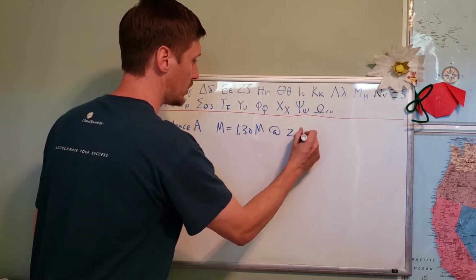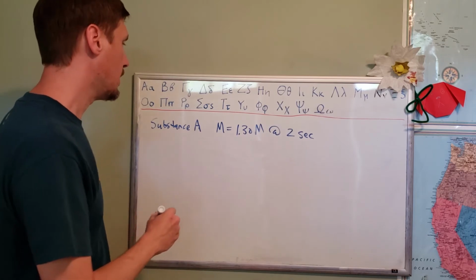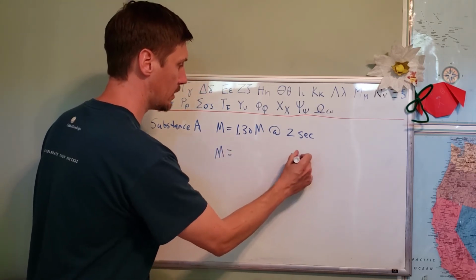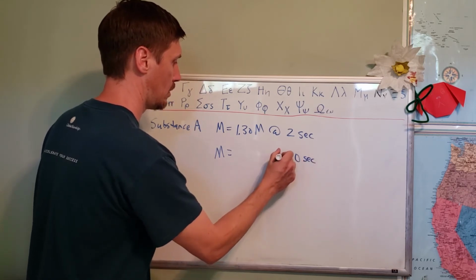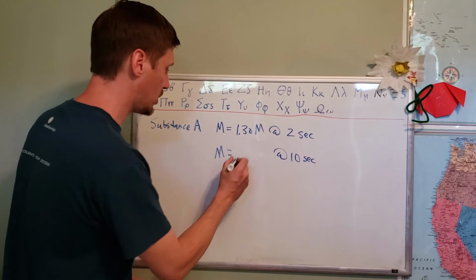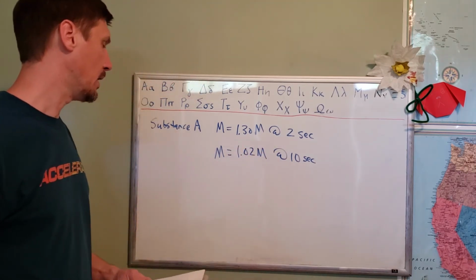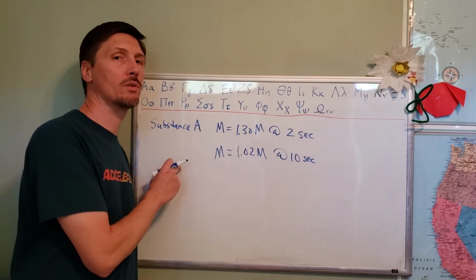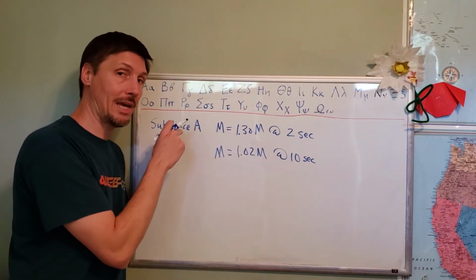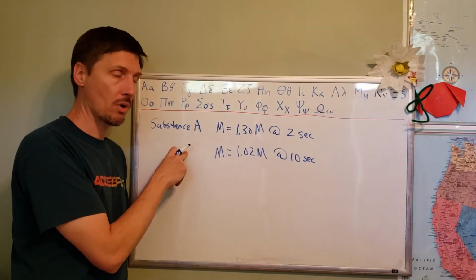So 2 seconds into the reaction, right? That's the molarity of substance A. And then if we check it again at 10 seconds, we find the concentration of the substance to be 1.02 molarity. And so the question is, what is the reaction rate for this particular reaction? And is substance A a reactant, or is it a product?